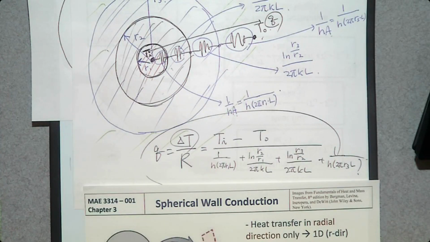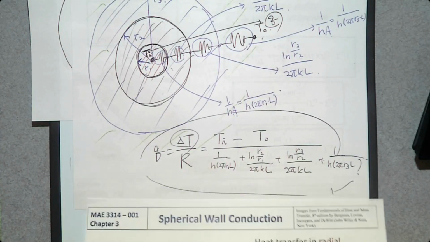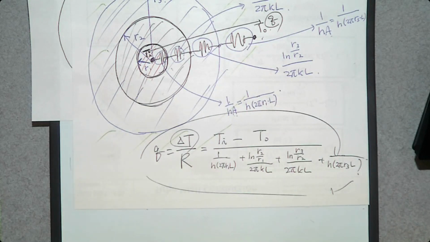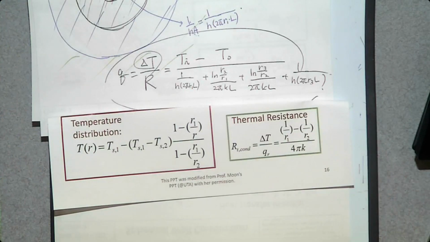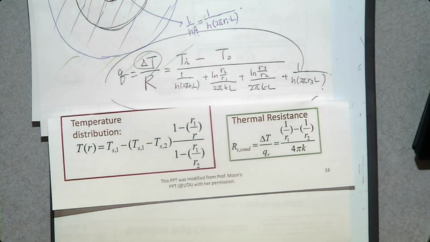The last one is spherical coordinate system. Of course, as we expect, the conduction resistance is going to be different. And the new conduction resistance for spherical coordinate system is going to be this one: 1 over R1 minus 1 over R2 divided by 4 times pi K, but this is just for your reference.